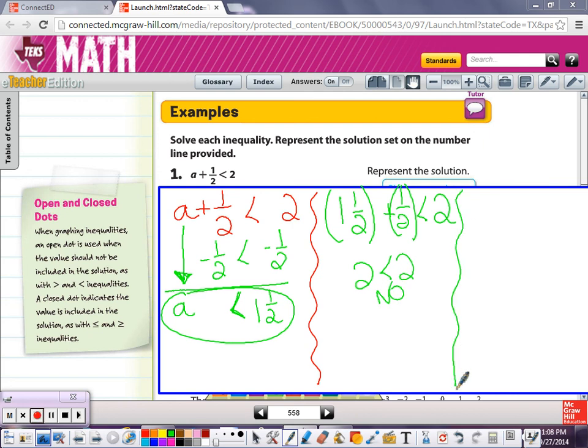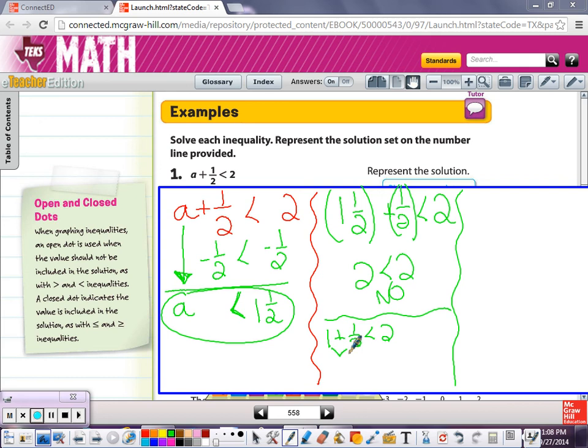Well, here's the explanation. This says in order to have a letter in this equation and make this whole thing true, the value of this variable has to be something smaller than 1.5. So for example, what's a smaller amount than 1.5? Let's try 1. If we plugged in a 1 for A, 1 plus a half is less than 2.